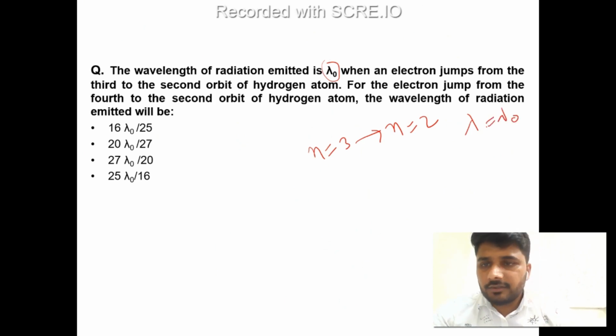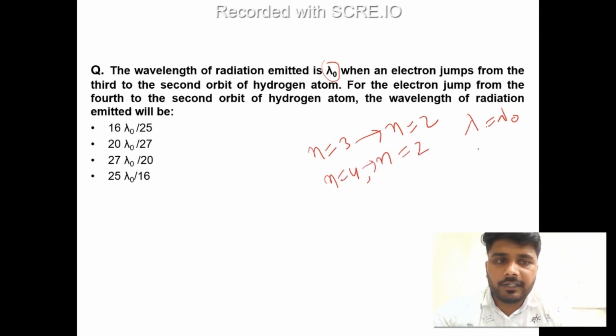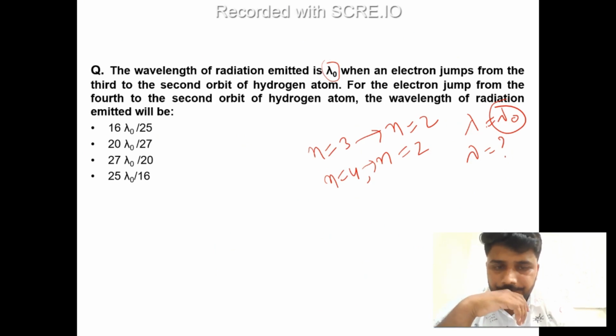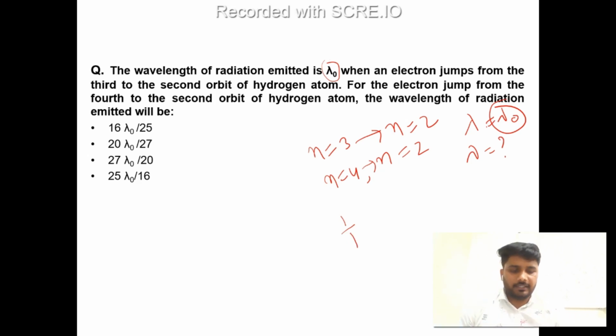For the electron jump from the fourth to the second orbit, you have to calculate the lambda in terms of lambda naught. Just calculate. I am waiting.